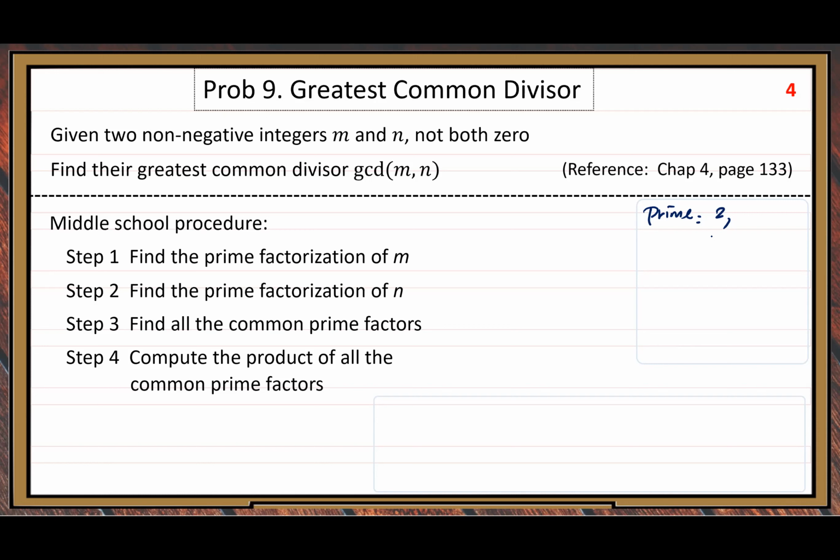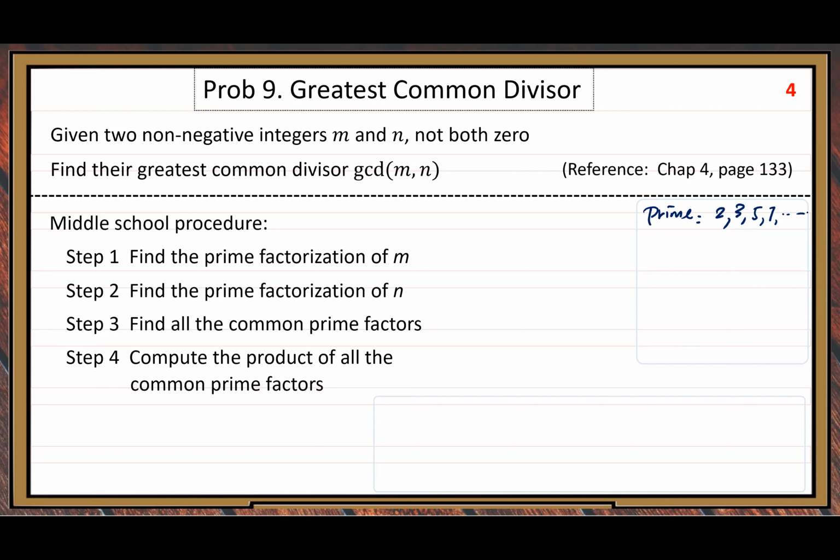We do not count negative divisors. 3, 1 and 3, you do not have any other positive divisor. 4 is not prime. For 4, other than 1 and 4, you have 2 as a positive divisor. So 5, 7, and so on. So those are the prime numbers.